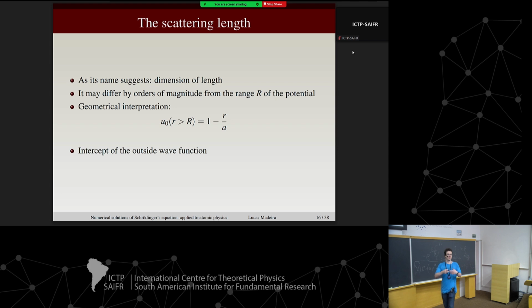Scattering length, the name suggests it has dimensions of length, but that could be misleading in the sense that it could differ by orders of magnitude from the range of your potential. You may have one potential that has this range, and the scattering length can differ by many, many orders of magnitude. And as you know, it can also be infinite, okay?